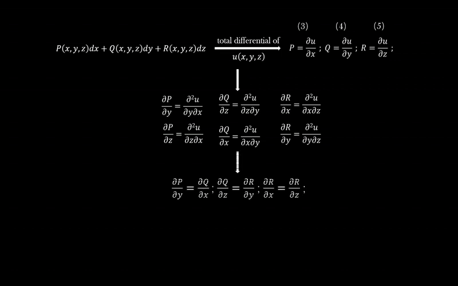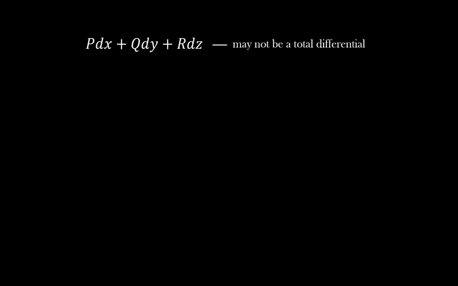Therefore, partial derivative of P with respect to y equals partial derivative of Q with respect to x, partial derivative of Q with respect to z equals partial derivative of R with respect to y, partial derivative of R with respect to x equals partial derivative of P with respect to z. Formula 6 is tenable. Generally speaking, P dx plus Q dy plus R dz, which is cobbled together, may not be a total differential of a certain function.